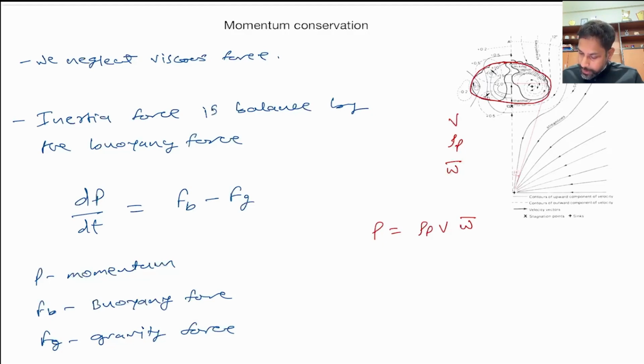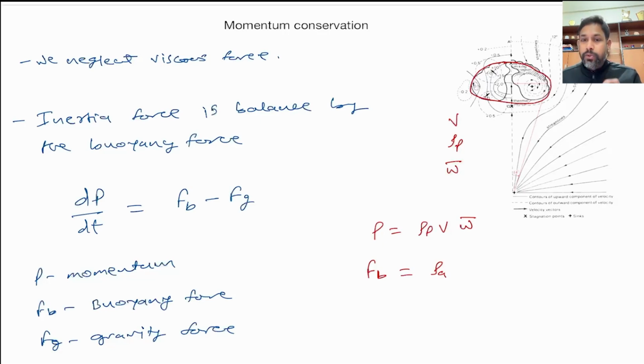And what will be the Fb? Fb is the buoyancy force that is applied by the ambient fluid onto the plume. And if you remember Archimedes principle, that says that buoyancy force is equal to the force exerted by the volume displaced. And that is why in this case it is the volume of ambient that is displaced, not the plume, right?